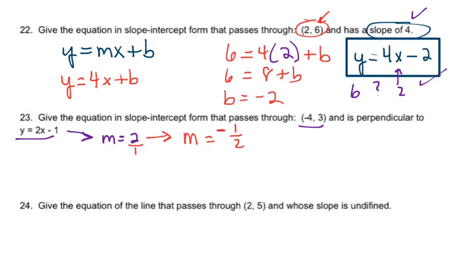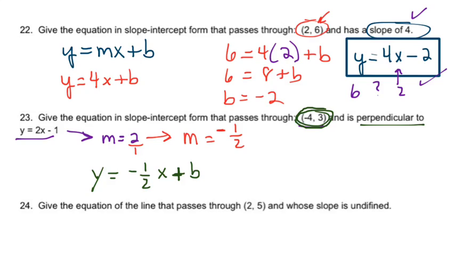So now we're kind of like where we were in problem 22. We know this line that we're looking for has a slope that, to be perpendicular, must be -1/2 x, and then it has some y-intercept. Well, what's that y-intercept? Whatever y-intercept it takes to force it through -4, 3.